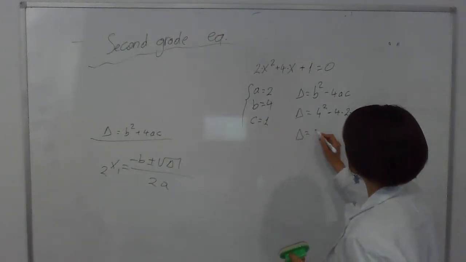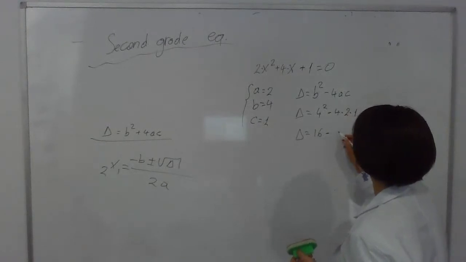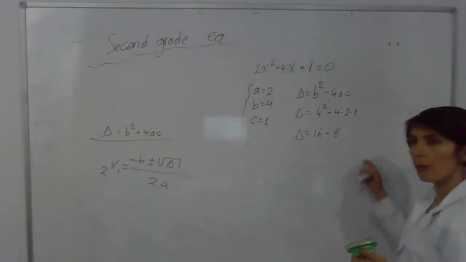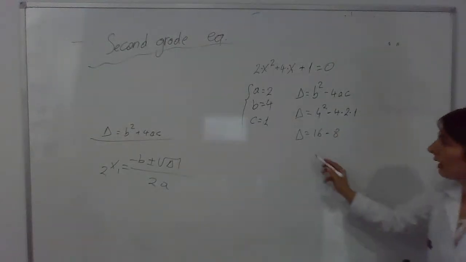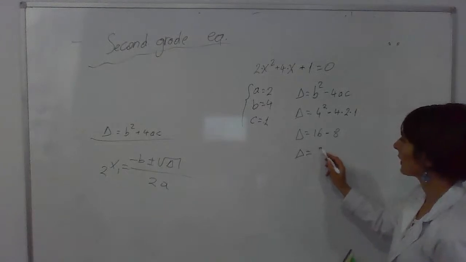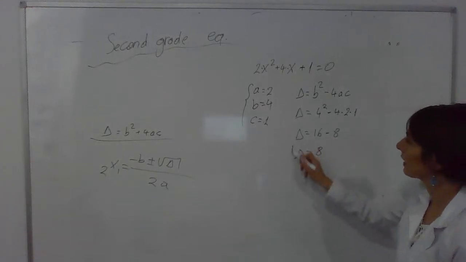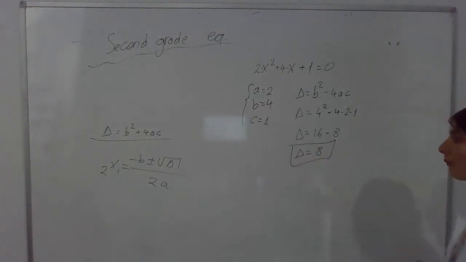So delta equals 16 minus 8, okay? Because 4 times 2 equals 8. Delta, in the end, equals 8. 16 minus 8, 8, okay?